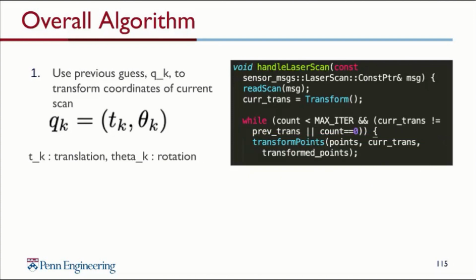Now, this transform q of k is a tuple t of k and theta k, where t of k is the translation in x and y, and theta k is the degree of rotation of the pose.